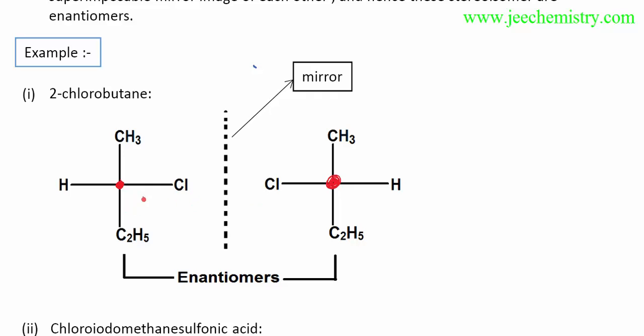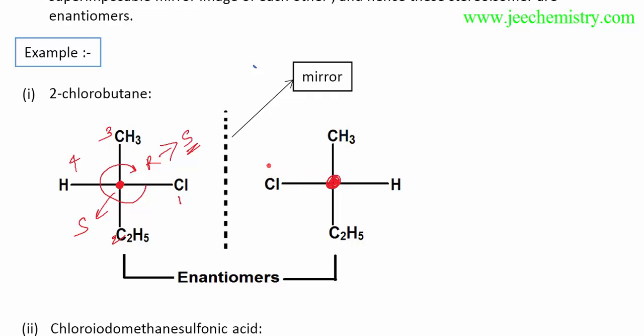First of all, we have to find the absolute configuration. You first provide priority to the four different groups: 1, 2, 3, 4. Now this appears to be an R configuration, but the fourth priority group is not in the lowest position, so it will be S. Our answer will be S. This is an S configuration.